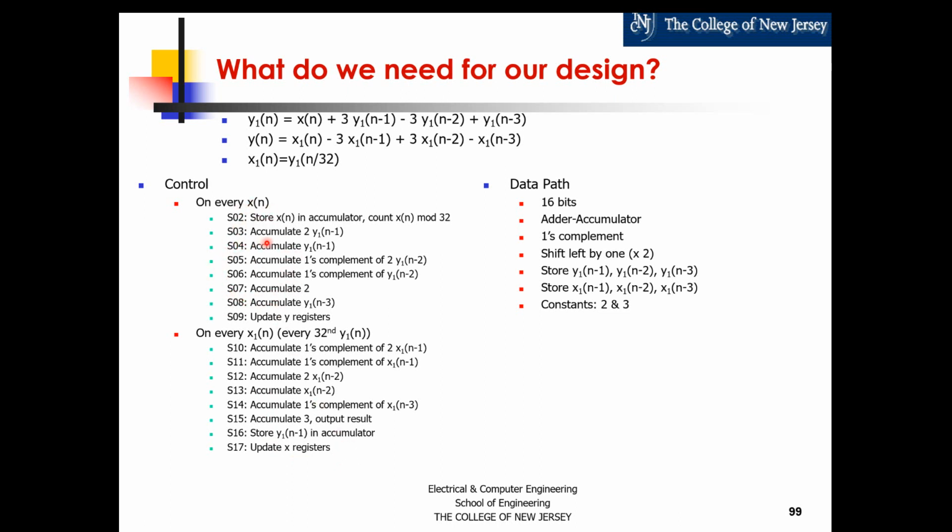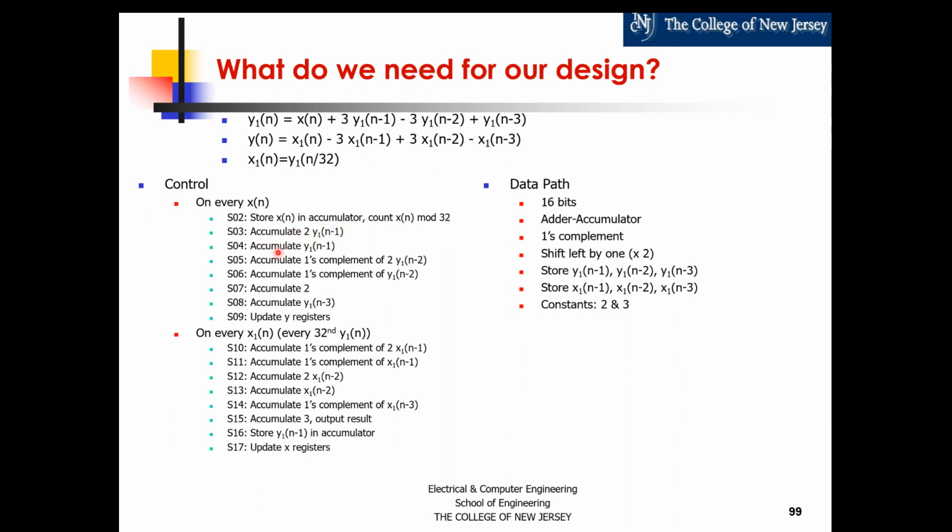Then I'm going to accumulate 2 times this quantity. So I'm holding in registers the quantities, the outputs from the previous clock cycle, from 2 previous clock cycles ago, and from 3 clock cycles ago. So I'm going to accumulate, and accumulating means adding to the accumulator 2 times this quantity.